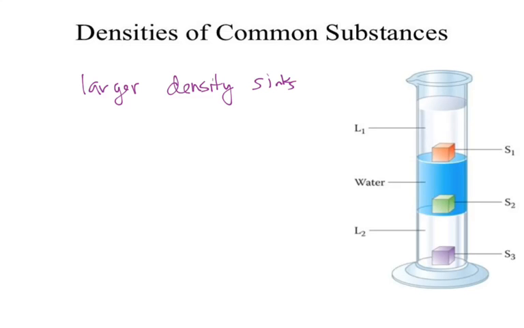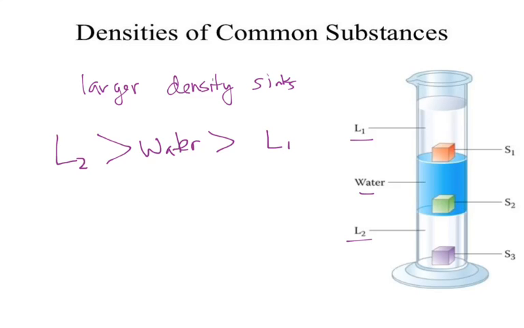If we tried to rank our densities for our liquids, water, L1 and L2, which one is the most dense? L2 is a bigger number than our density for water, which is a bigger number than liquid 1. And that's why we see that ordering.